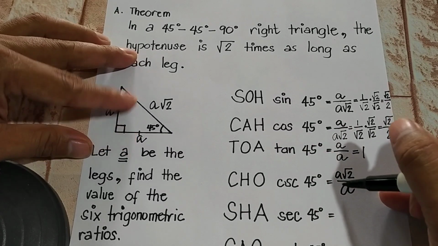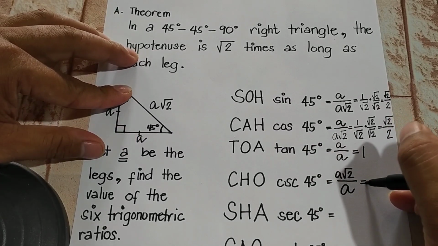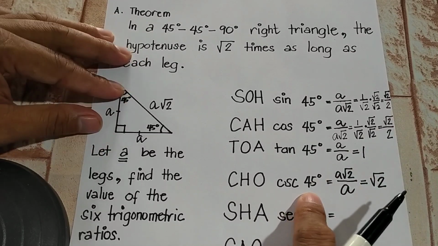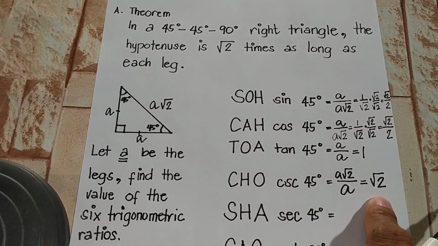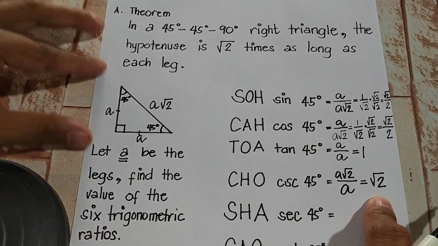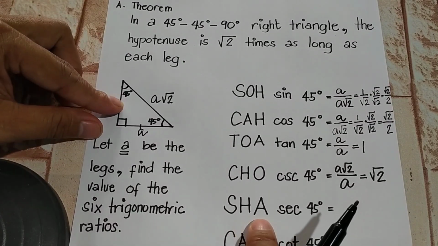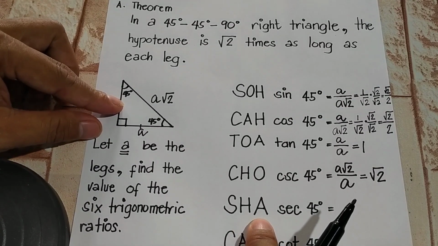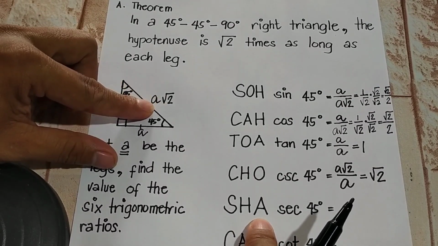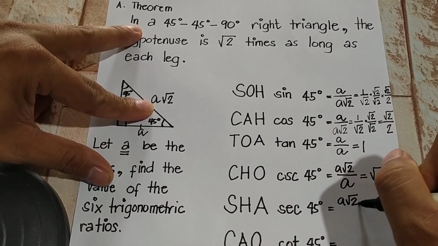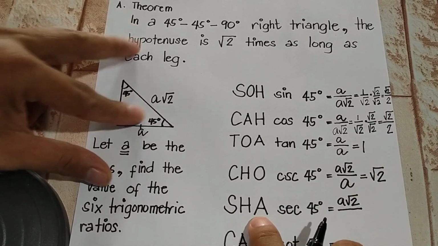That's 1, so what is left is only square root of 2. So cosecant 45 is equal to square root of 2. Next, secant 45. That is hypotenuse over adjacent. Our hypotenuse here is A square root of 2, over the adjacent.